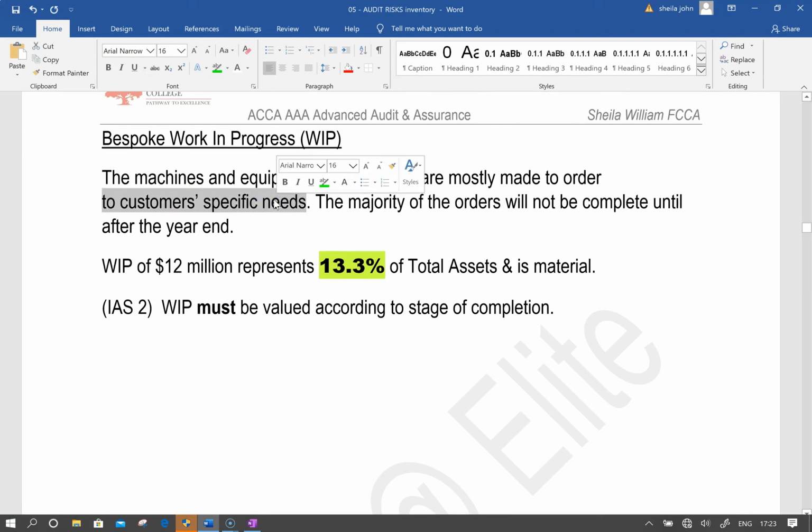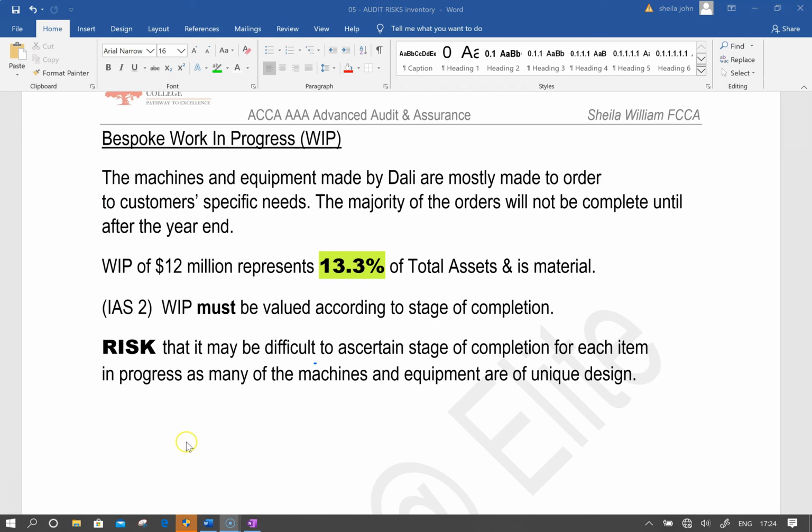So identifying the stage of completion is probably going to be a little bit more challenging. So the risk here is that it might be difficult or challenging, not impossible, but difficult to ascertain the stage of completion for each item in progress, as many of the machines and equipment are of unique design.